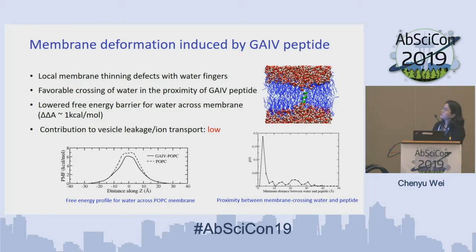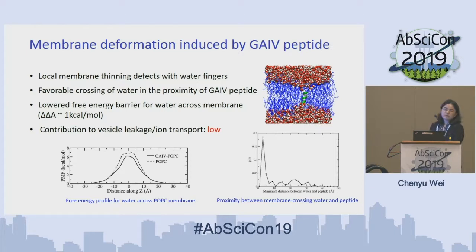We first tried to understand how even just one single peptide, a monomer, would affect the membrane structure. We found that with the transmembrane orientation, this single peptide already induces local membrane thinning effects and introduces water defects from both sides.